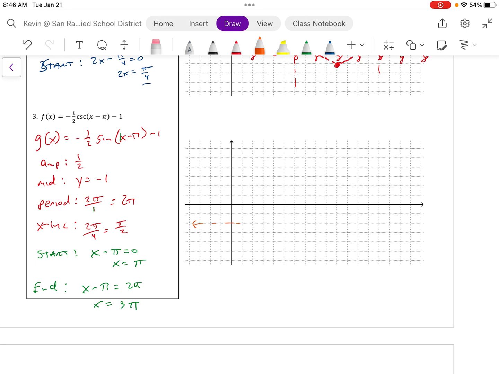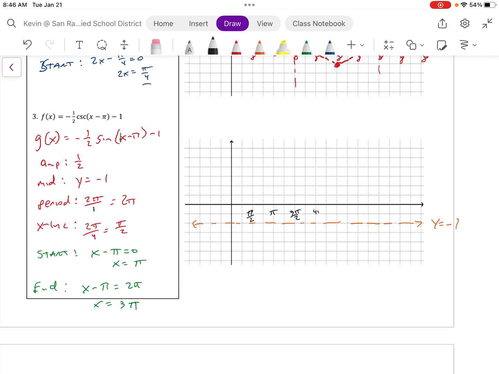So let's come down here. This is our midline. So y equals negative 1, that's our midline. Let's see, we're starting at pi, and our increments are pi over 2. So let's go like this: pi over 2, pi, 3 pi over 2.